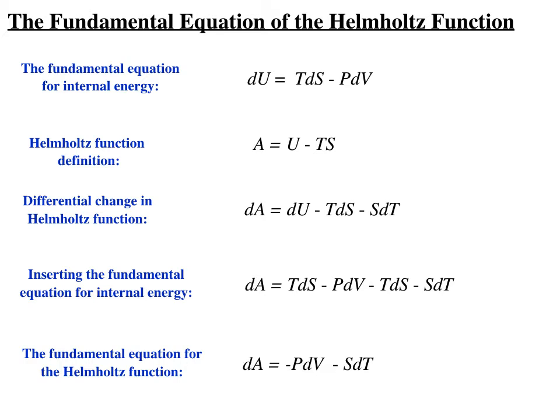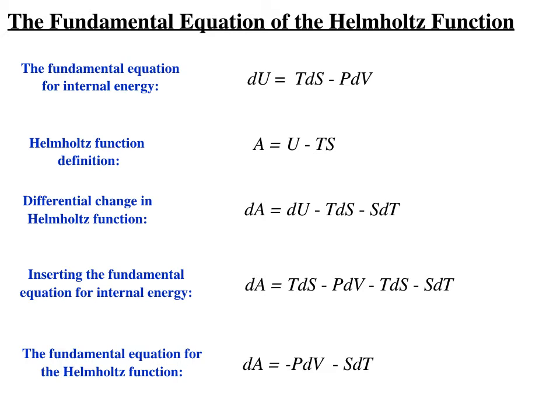Then I'm simply going to substitute in my combined first and second law for the increment of change of the internal energy. I'll notice I get a cancellation of the TdS terms, and so I can conclude that the increment of change of the Helmholtz function is equal to minus PdV minus SdT.